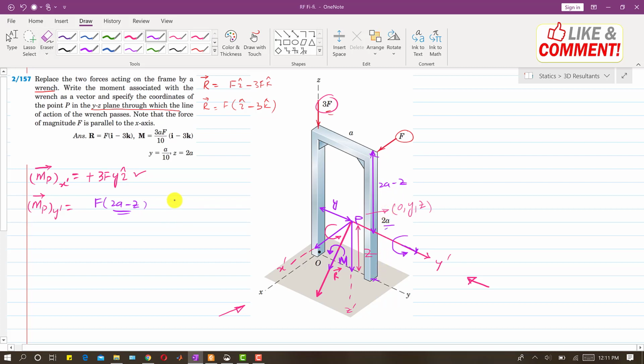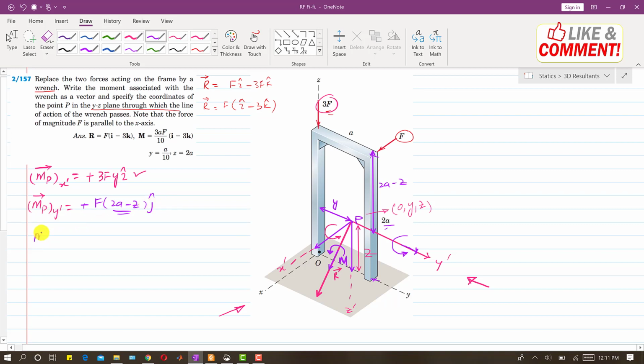So 2A minus Z is the perpendicular distance and the thumb direction is in the positive Y. So we can write that it will be plus j. And as we can see, if we extend the line of action of this force, it will intersect that Y dash axis, so it will not produce any moment about the Y dash axis. So this is the component of the moment at point P along Y dash, right?